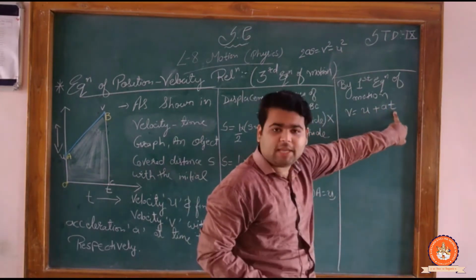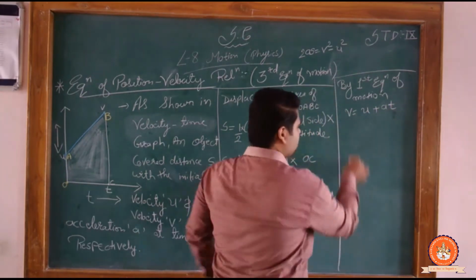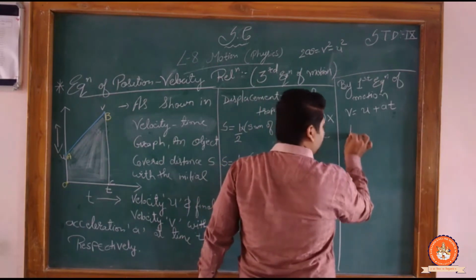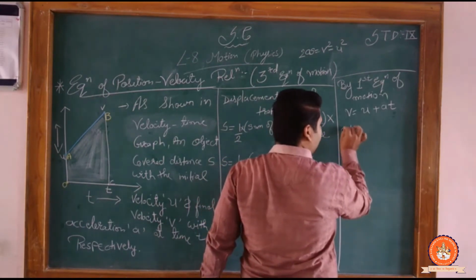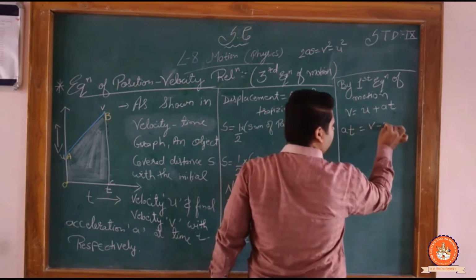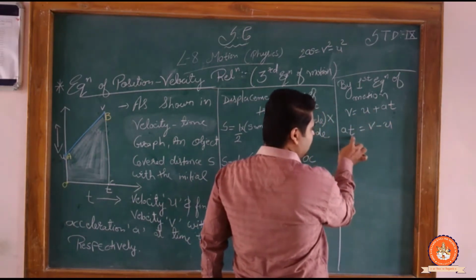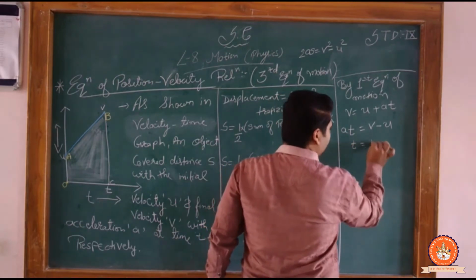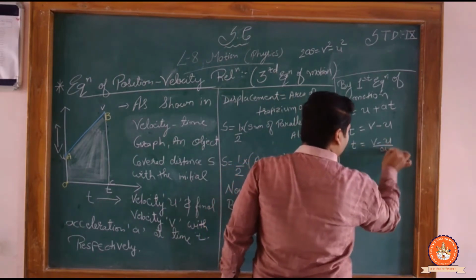Now we are going to make T the subject. So AT equals V, and this U comes to this side, so it's a minus. Clear? And we just want T, so T is V minus U divided by A. Clear?